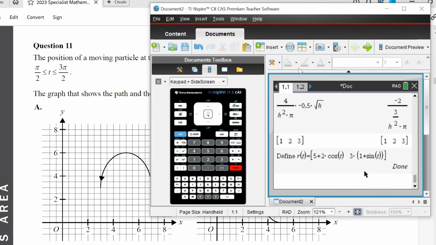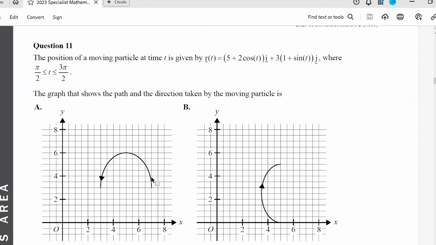Okay, so what I would probably do again is just check values, check endpoints, and rule out options by elimination. I know that the t value should go between pi on 2 and 3 pi on 2. So for example, this should be the point when t is pi on 2, and this should be the point where t is 3 pi on 2.